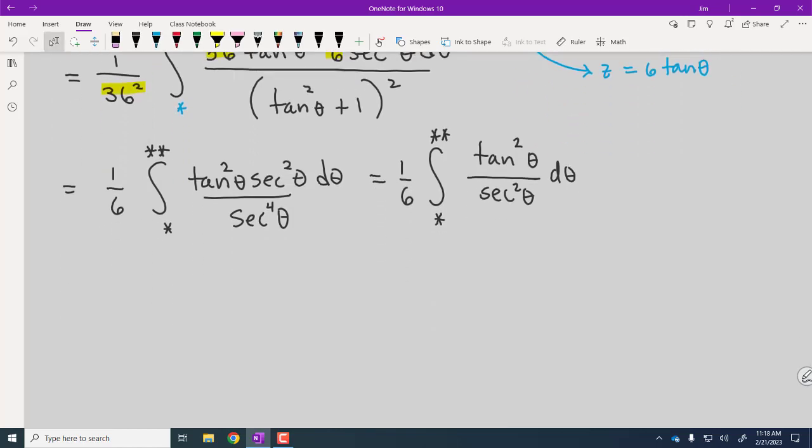So let's do that. And tan squared, again, we look at our triangle. Hopefully you have it ingrained in your brain by now. Tangent's right here, so the tangent squared will be secant squared minus 1.